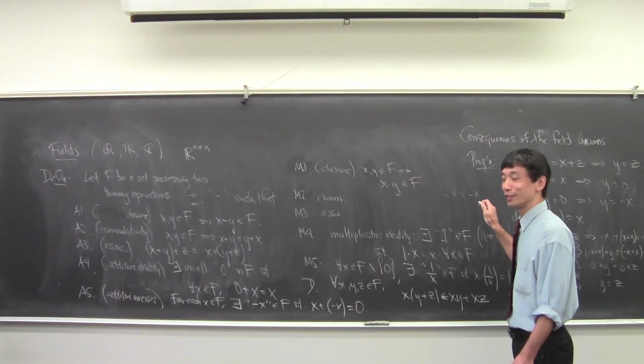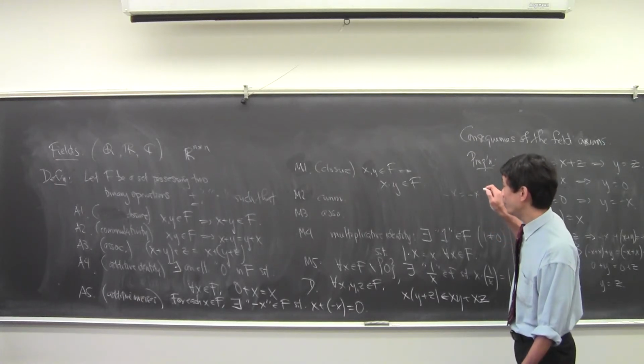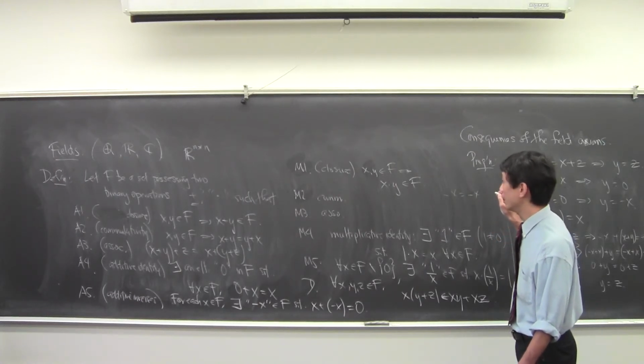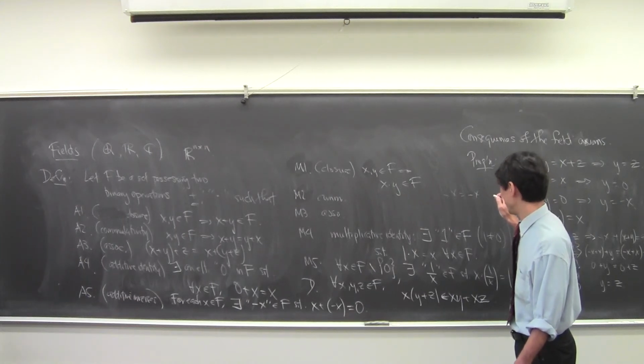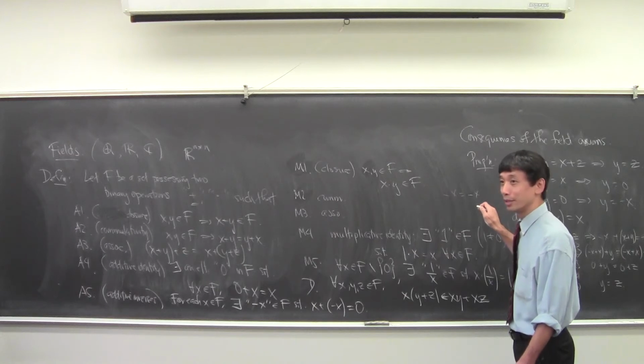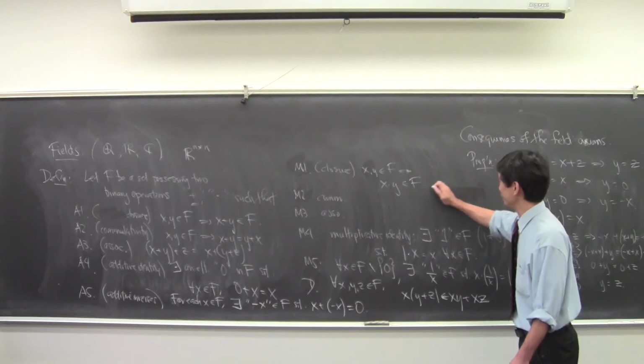Move the negative sign to the left side. How do you move the negative 1 to the other side?